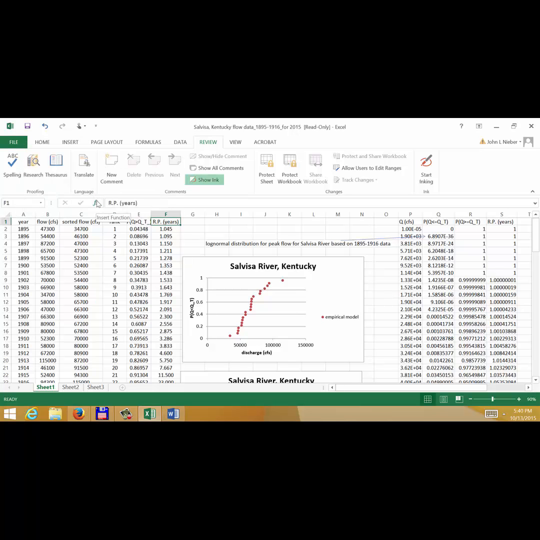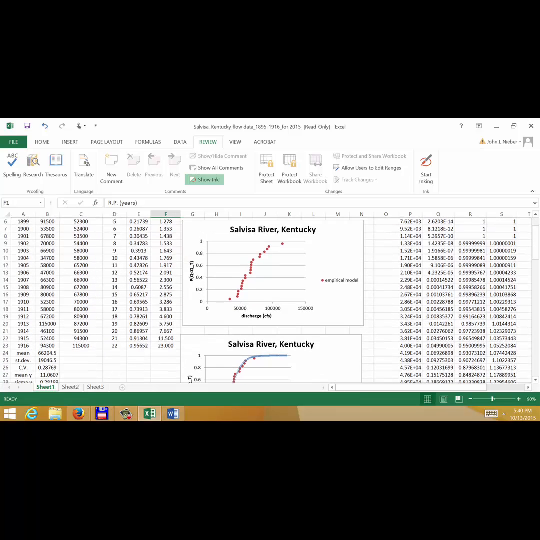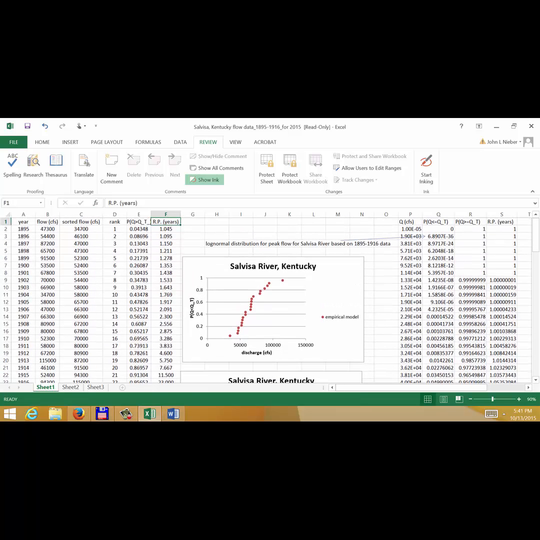Okay, so I have the RP values fixed now. So the smallest rank value has a return period RP of 1.045, and the return period of the largest value is 23 years. But for right now, we won't look into that any further.